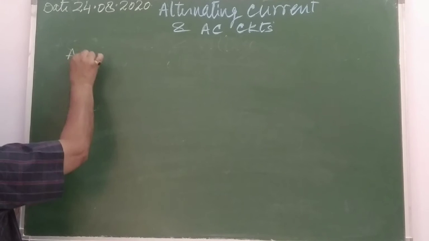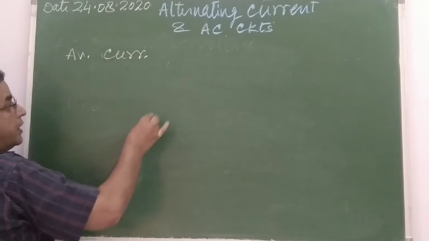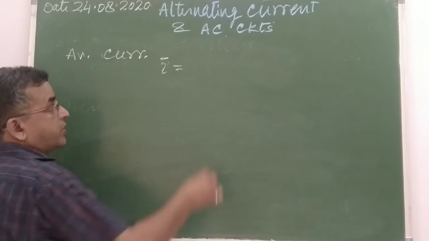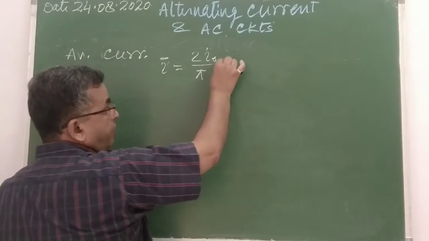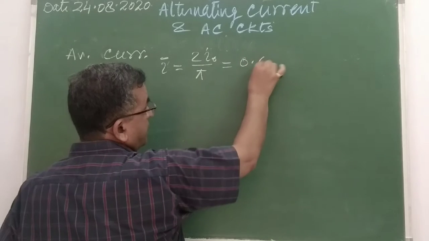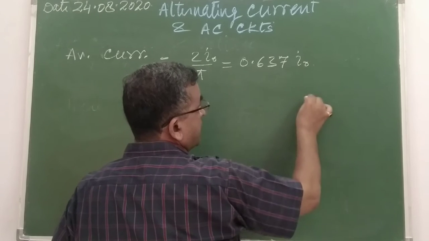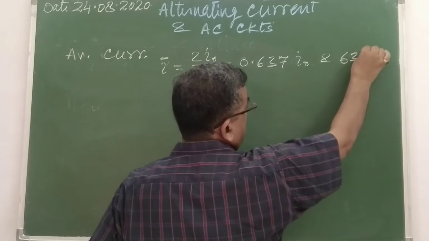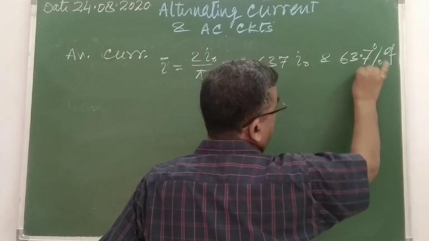The average value of alternating current is expressed as I bar equals 2 I0 upon pi, or 0.637 I0, or 63.7% of I0.